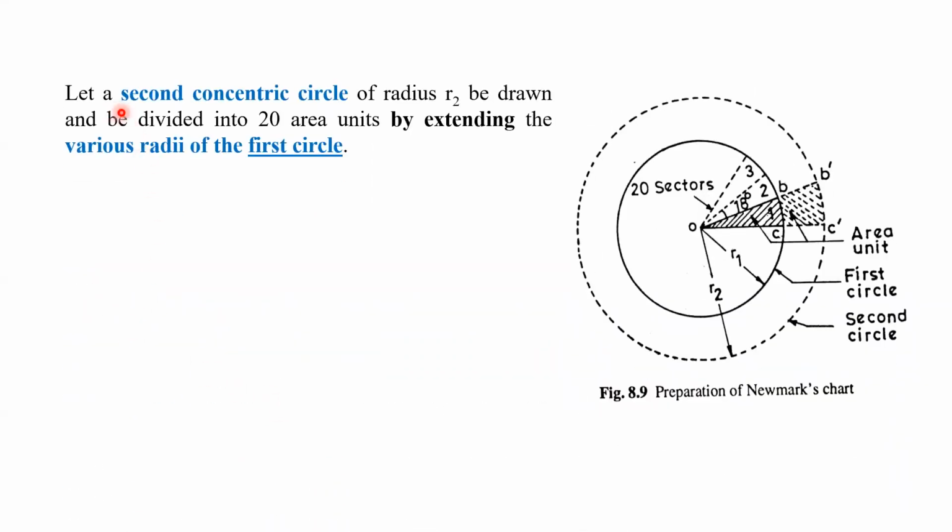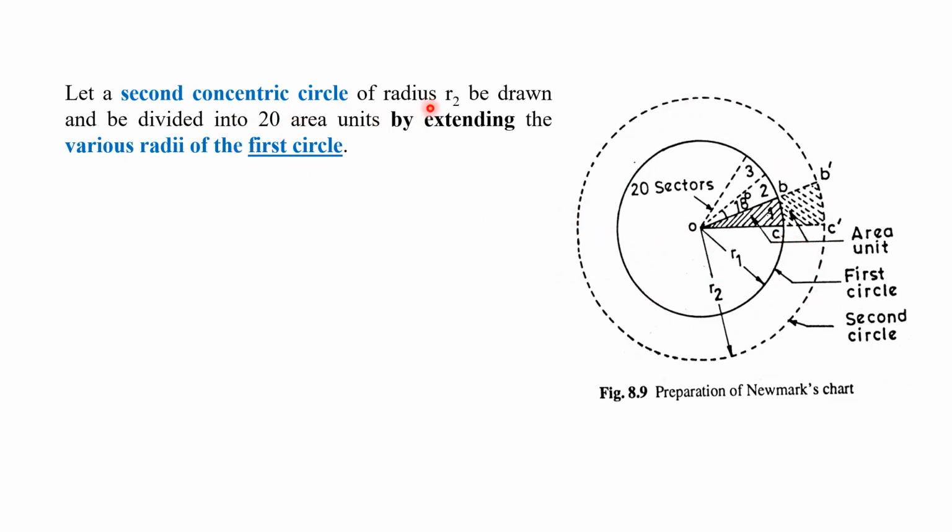Now let us talk about the second circle, which has been made by the dotted line. Let a second concentric circle of radius R2 be drawn. You can see we are going to draw the circle having radius R2, this dotted circle. So how can we draw it? Once we know the value of R2, then we can draw the circle, right?